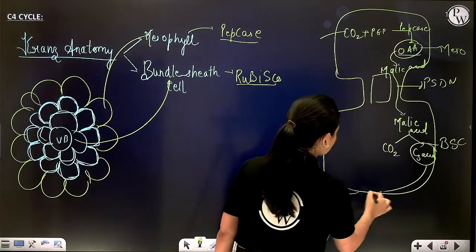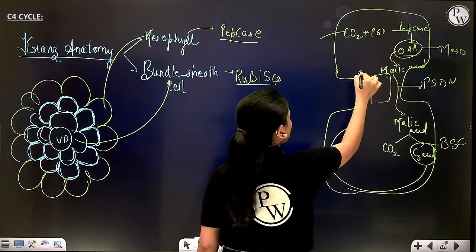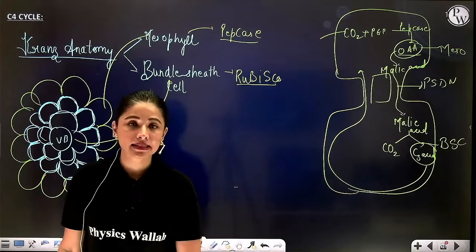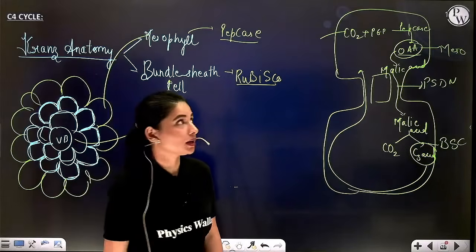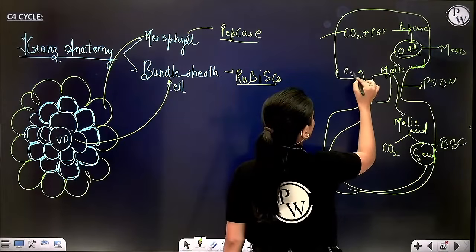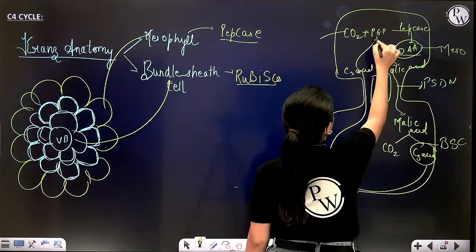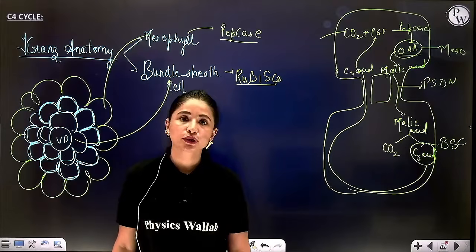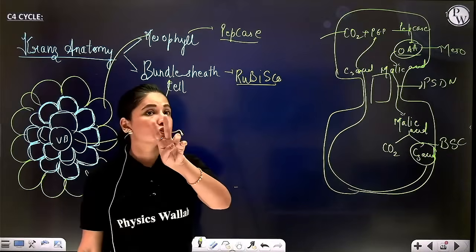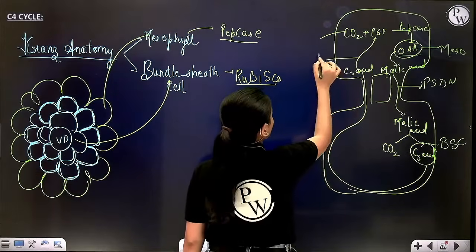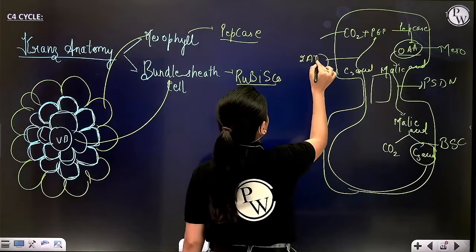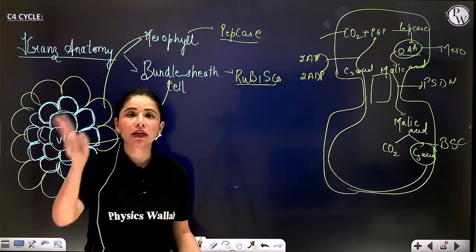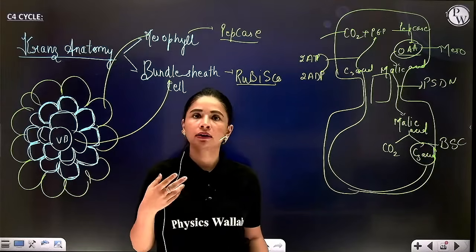The C3 acid goes back to the mesophyll cell, and with the help of the enzyme PEP synthase, it regenerates the primary acceptor, PEP. This regeneration step requires 2 molecules of ATP.